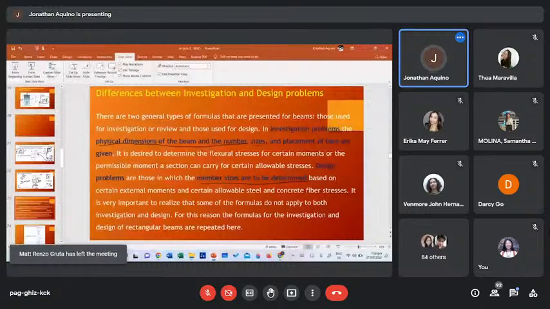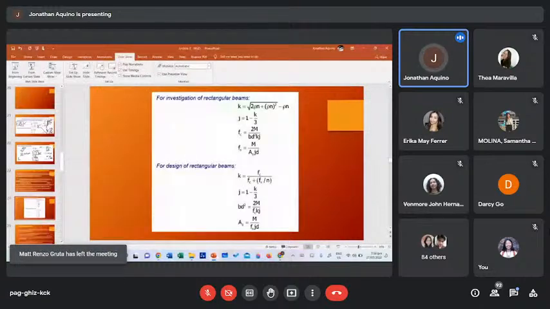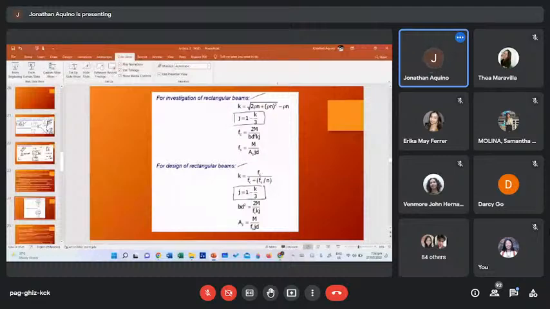So in summary, these are the formula used in investigation, and this one is for design. So take note that in determining for J, parehas lang siya. Okay? Ang pagkakaiba niya lang is yung K. Then this one, we are comparing stress or moment.